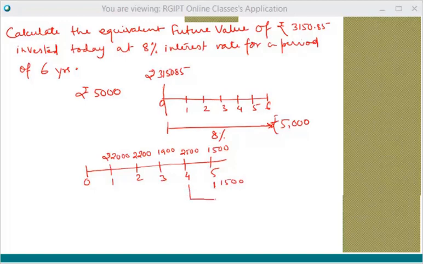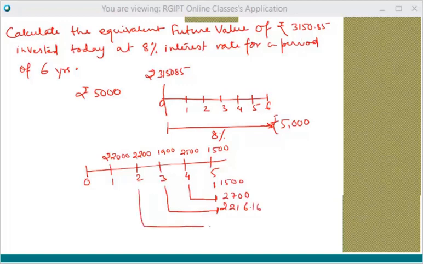And for the 4th year, this is coming out to be 2700. For the 3rd year, this one is coming out to be 2716.